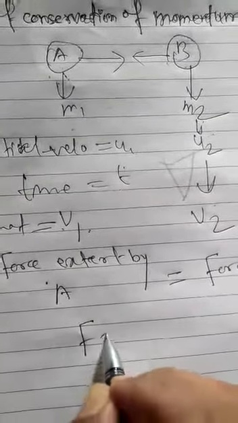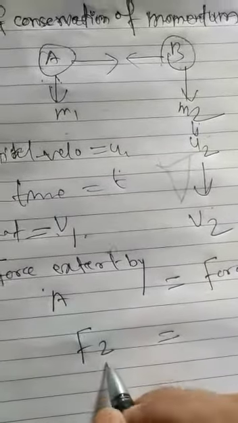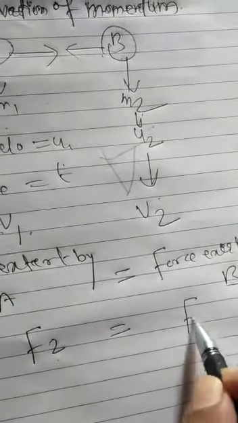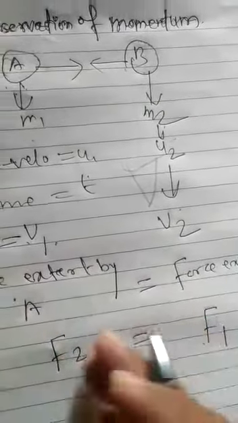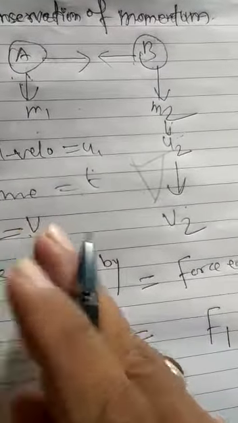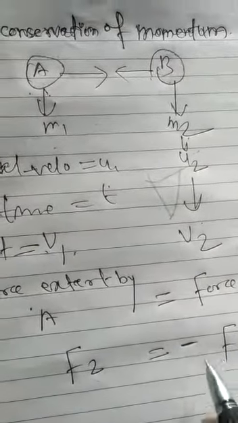Suppose F2 is the force on B and F1 is the force on A, but the force exerted on object A is negative, because it is on the opposite side.